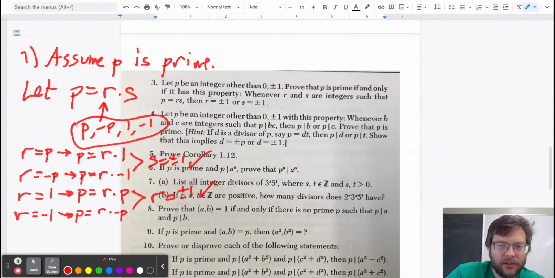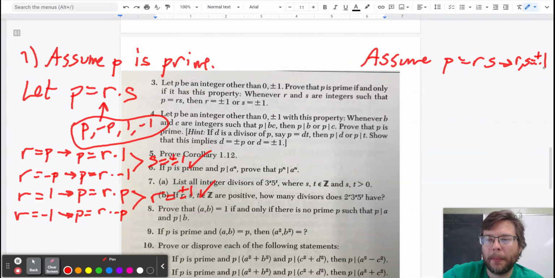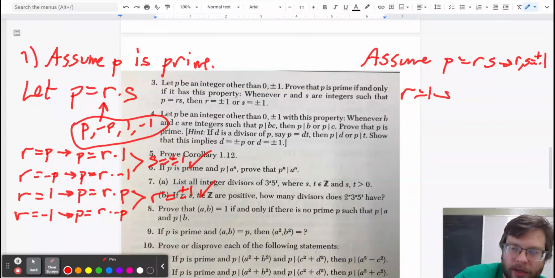All right, now let's try to prove the other way. So assume p equals rs implies that r or s are plus or minus 1. Okay, so let's just go through the same r values right there. So if r equals 1, then that implies p equals 1s, which implies that s is equal to p.